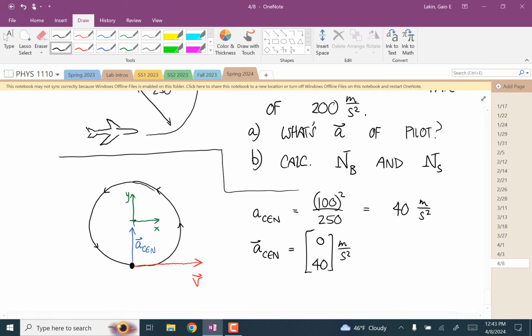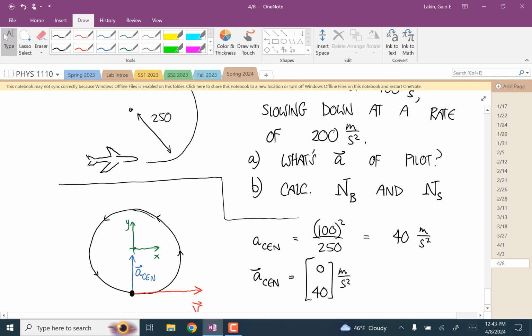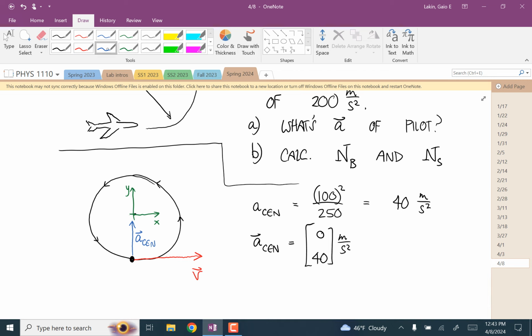Okay, in this one, do we have to worry about tangential acceleration? Yes, the speed is changing. It says it's slowing down, and so the tangential acceleration has to be opposite the velocity. So there's the tangential acceleration.